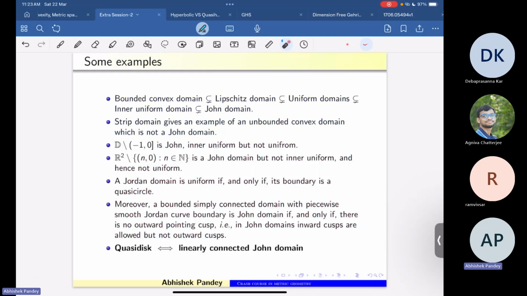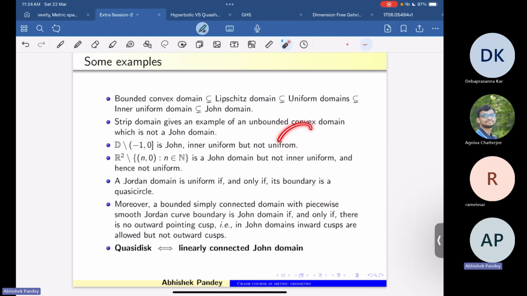Okay, so here are some examples. A uniform domain is contained in an inner uniform domain, and an inner uniform domain is contained in a John domain. Every Lipschitz domain is a uniform domain, and every bounded convex domain is again a uniform domain. We have unbounded convex domains which are not John domains.